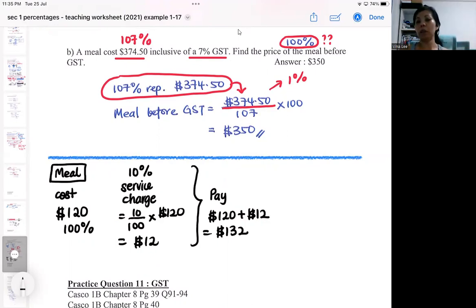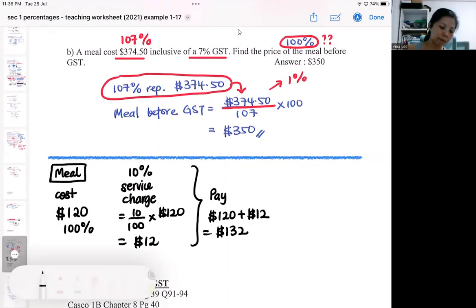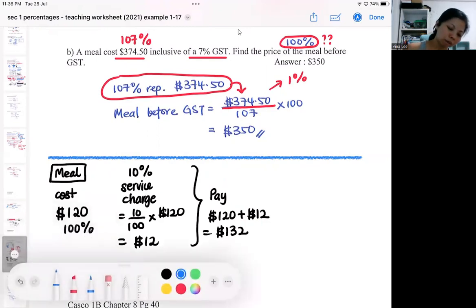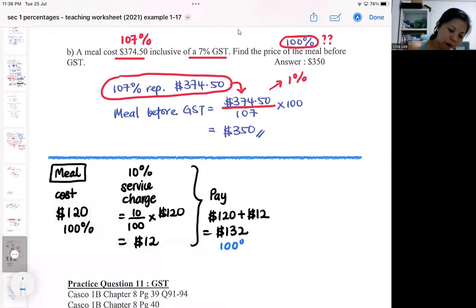Then after that, we need to pay a 7%. So now this one becomes the new 100%. Because based on this, I'm going to calculate the 7% GST.